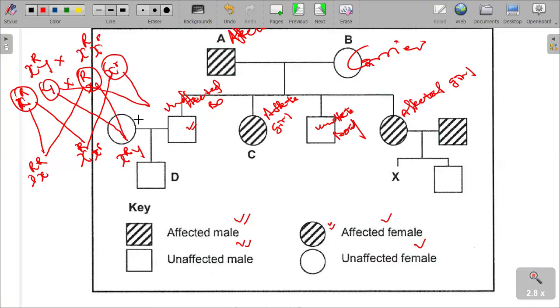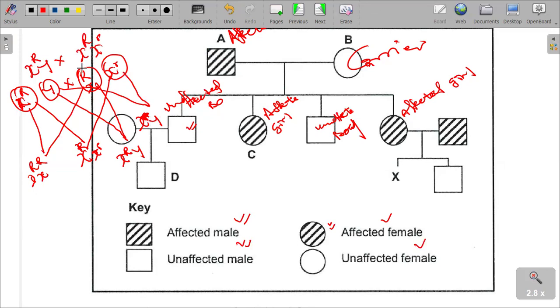And then, with this father and this mother also, we are going to have XrY, small r, small r, Y. Let's check this one.